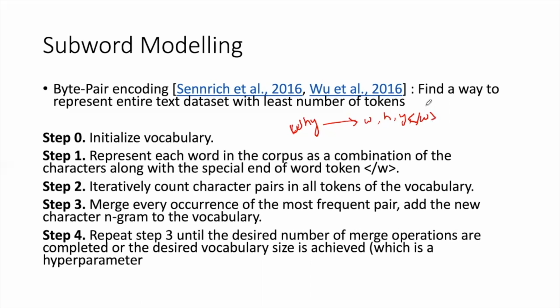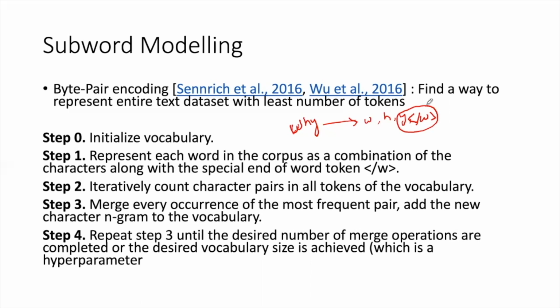It indicates that this y occurs at the end. This helps us differentiate it from a y that occurs in the middle of a sentence or in a suffix. So this is how we divide.